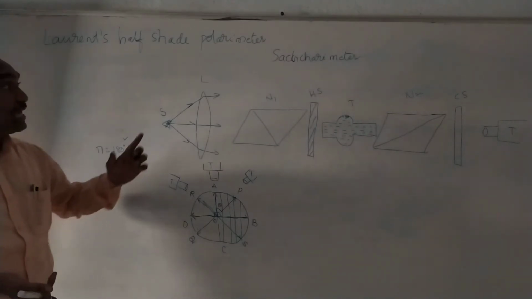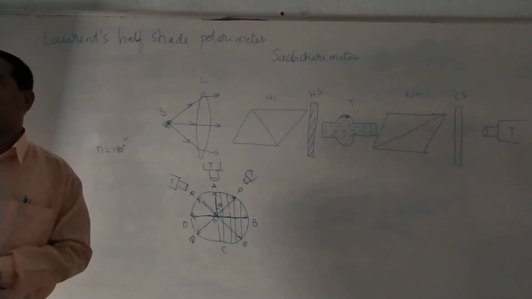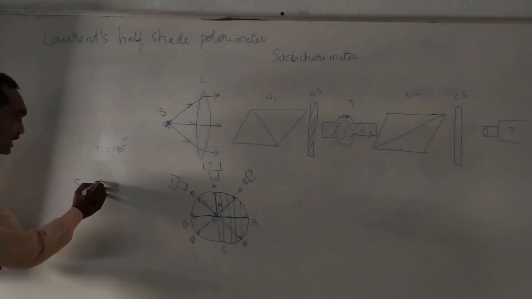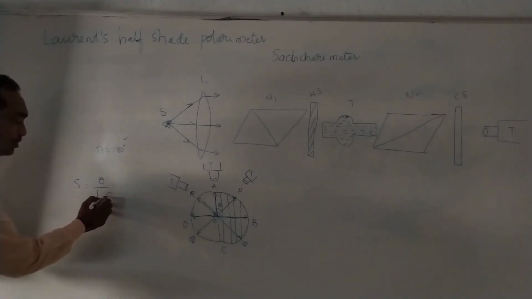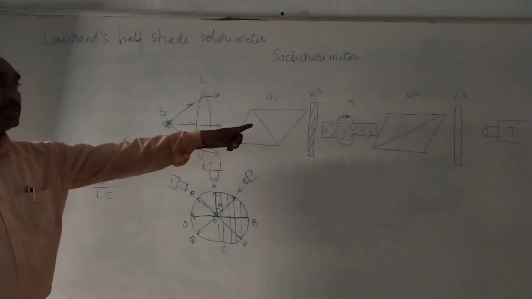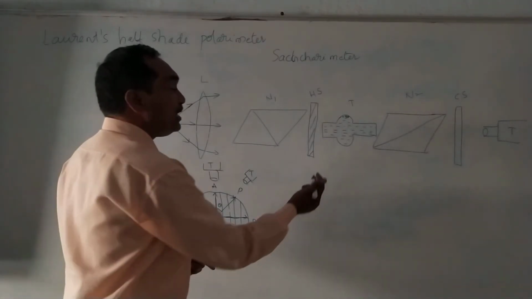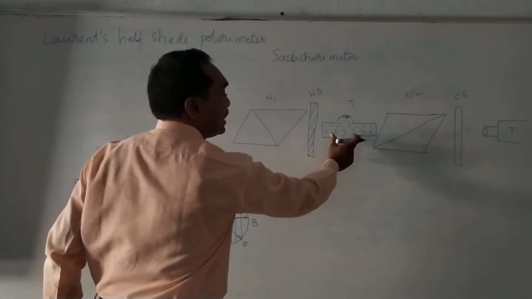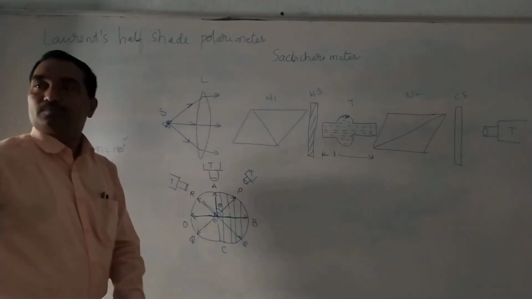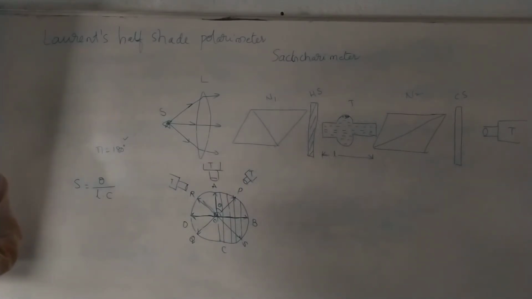So, how can we calculate the angle of rotation theta? We know the formula for that: S is equal to theta by L into C. L is the length of the tube. By using a meter scale, we can directly measure the length of this tube, that is the length of the liquid, and C is the concentration of the liquid.